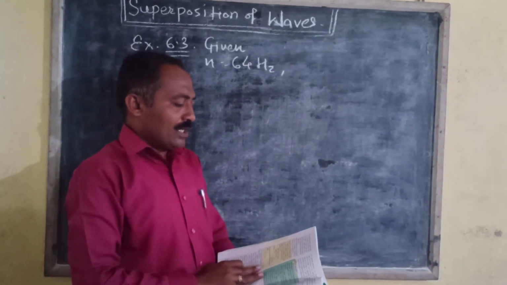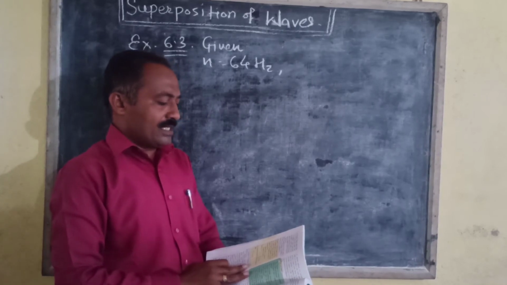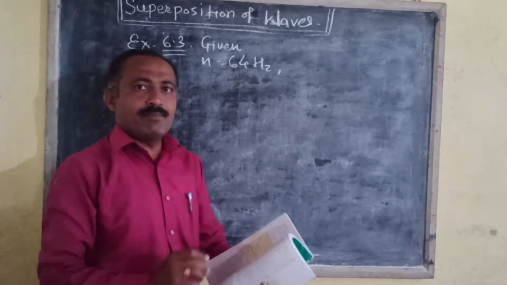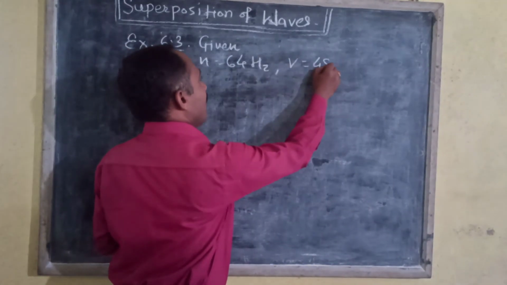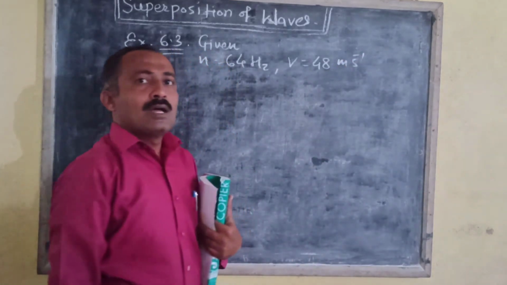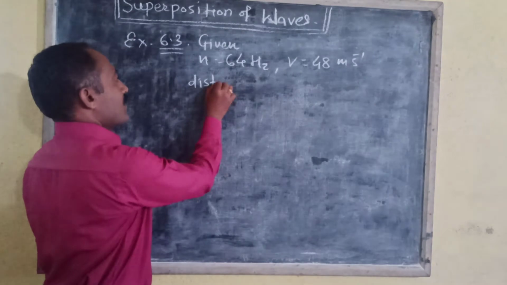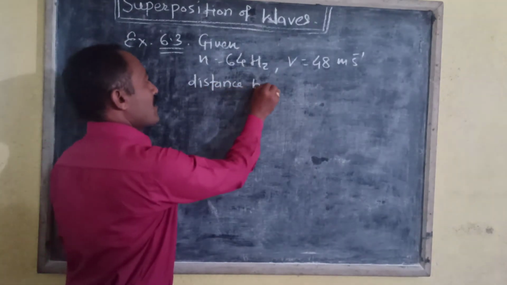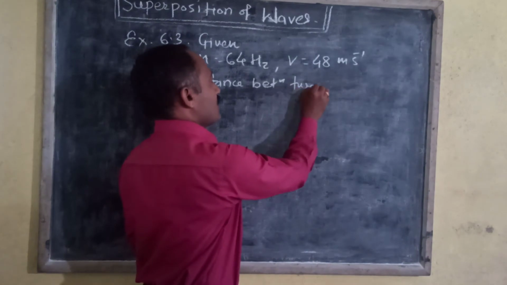The velocity of the progressive wave that resulted in the stationary wave is 48 meter second inverse, that is V is equal to 48 meter second inverse. We have to calculate the distance between two successive nodes.